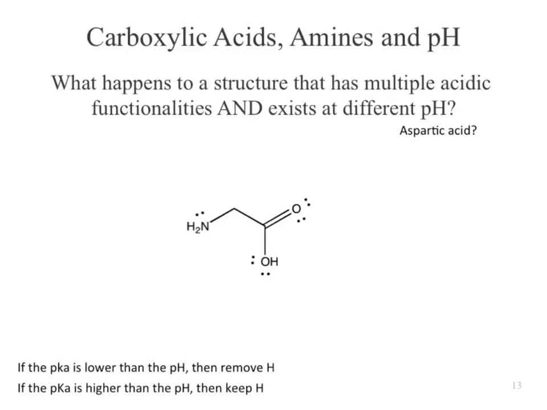We're saying that our functional group is more acidic than the environment we're in. If the pKa is higher than the pH, we're in a more basic environment, so we want to keep it. I always get this backwards. I hate having to memorize rules because I always screw them up. If the pKa is lower than the pH, then remove the hydrogen. Stupid rules.